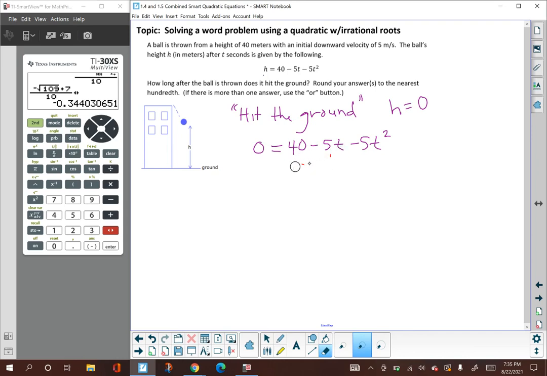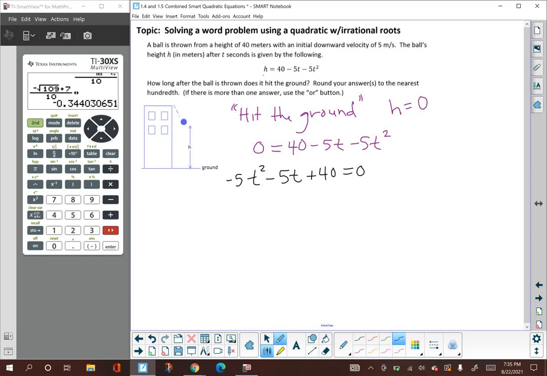So right now it has the constant first and the t squared term last. So I'm going to rewrite it in standard form. Negative 5t squared minus 5t plus 40 equals 0. And it may not be necessary for you to rewrite that.